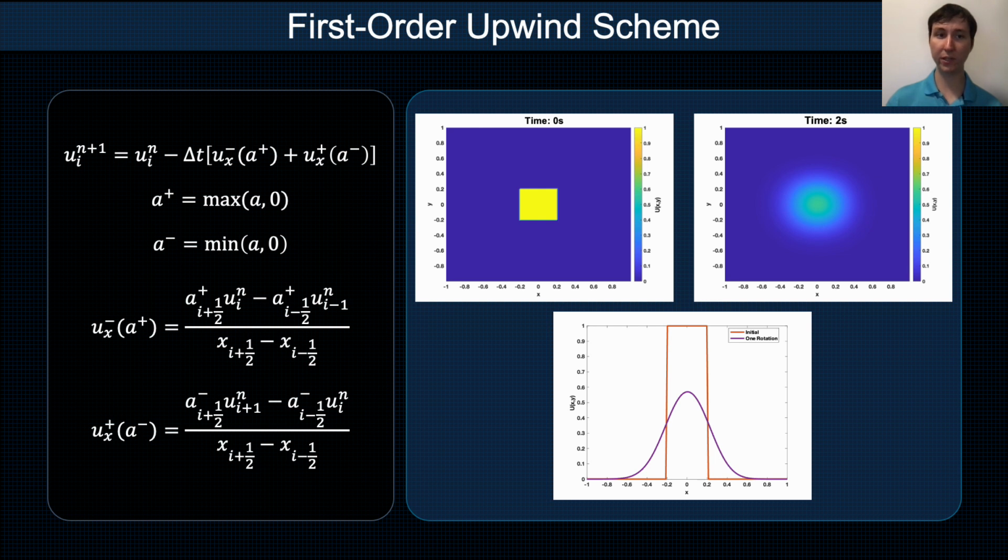From these equations we can see in 1D that upwinding is a fairly small stencil with only 3 function values required. Here on the right, we show what happens to our box initial condition after one full rotation through our domain, and we see that our box turns into a blob, having diffused pretty badly just after one rotation. This is bad given that advection should have no diffusion.